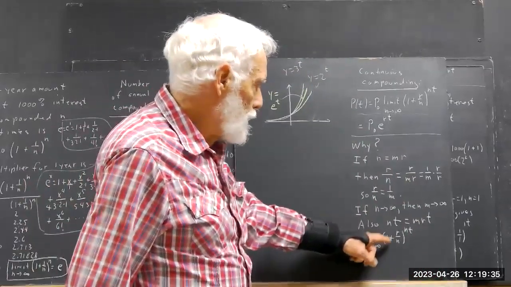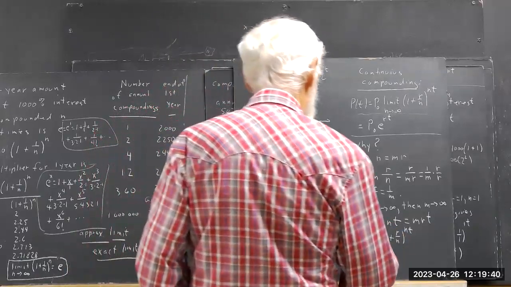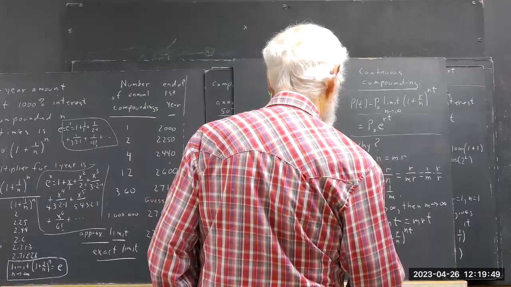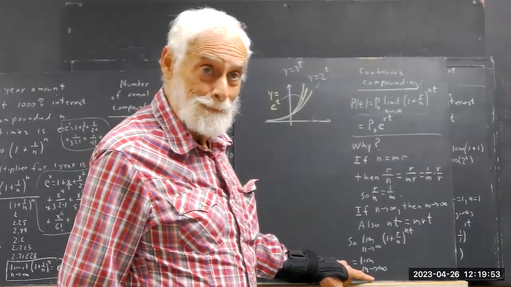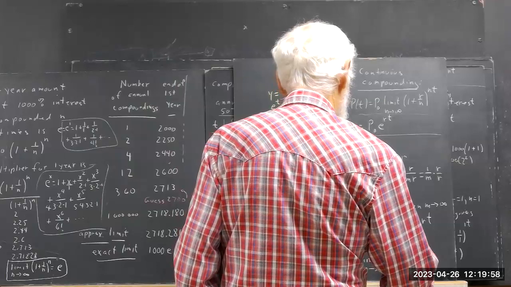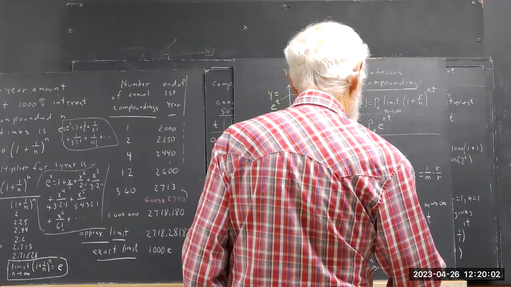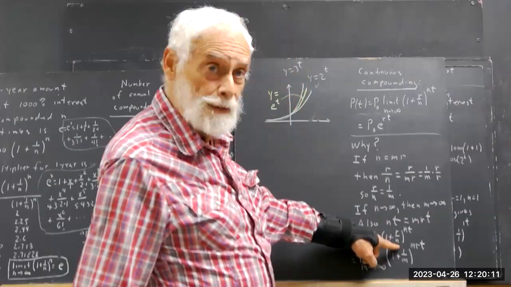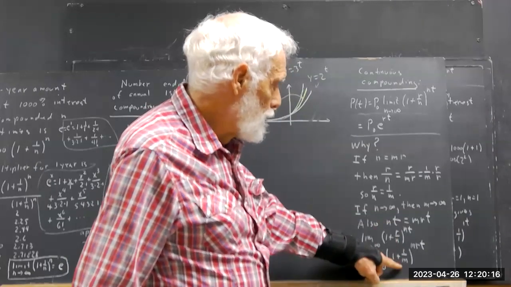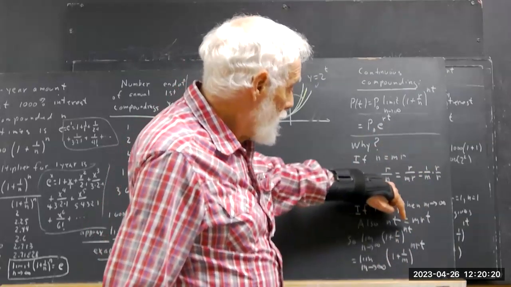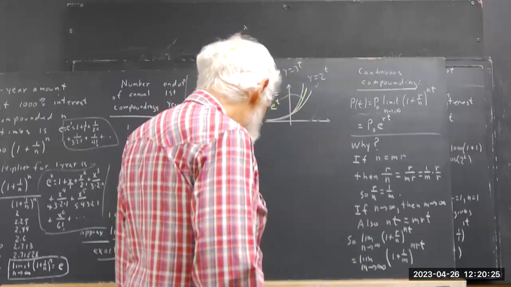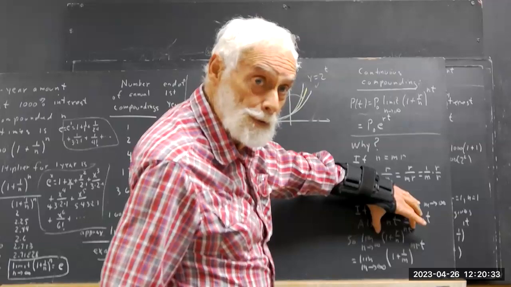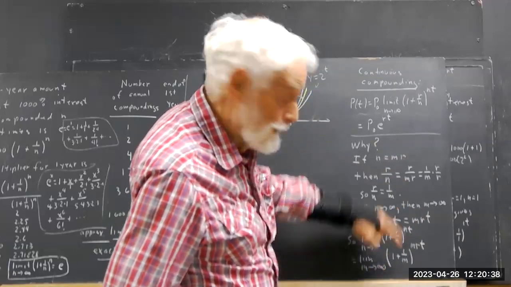So the limit as n goes to infinity of 1 plus r over n to the nt equals the limit as m goes to infinity of this expression where we replace n with mr. The r over n becomes 1 over m, and n is mr. So I simply replace all of my n's in this expression with mr's, and I've simplified the r over mr. This would give me 1 over m.